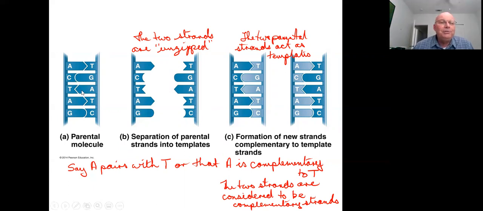So we take our original parental DNA molecule, we unzip the two complementary strands, and we use each of them as a template to generate the missing complementary strand. When the two missing complementary strands are completely regenerated on the templates, we have two new DNA molecules where once there was a single DNA molecule, and replication has taken place.